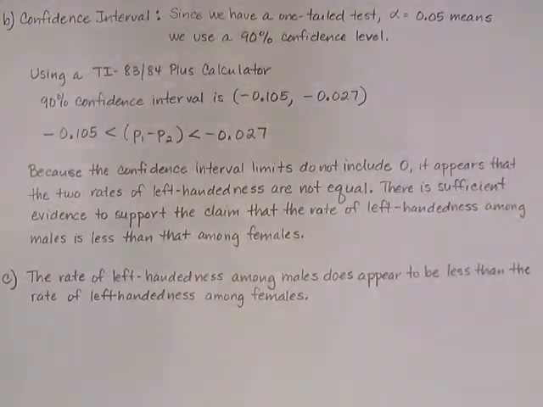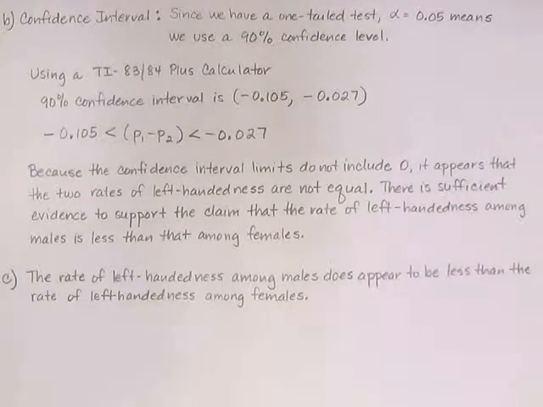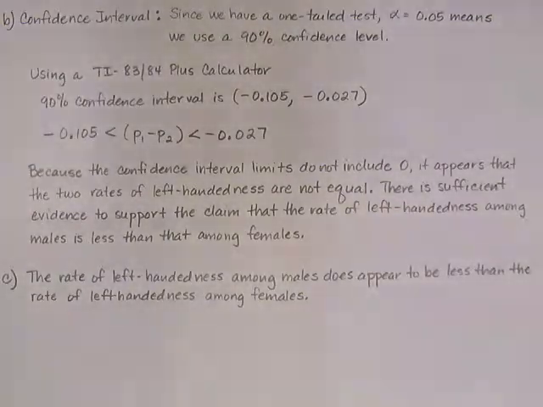Okay. And then part C asks, based on the results, is the rate of left-handedness among males less than the rate of left-handedness among females? And it does appear to be that way. And here the rate of left-handedness among males does appear to be less than the rate of left-handedness among females.